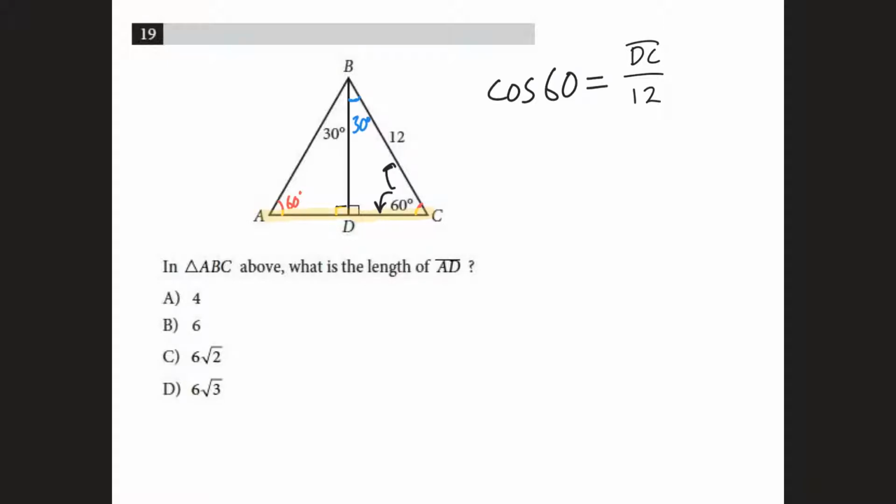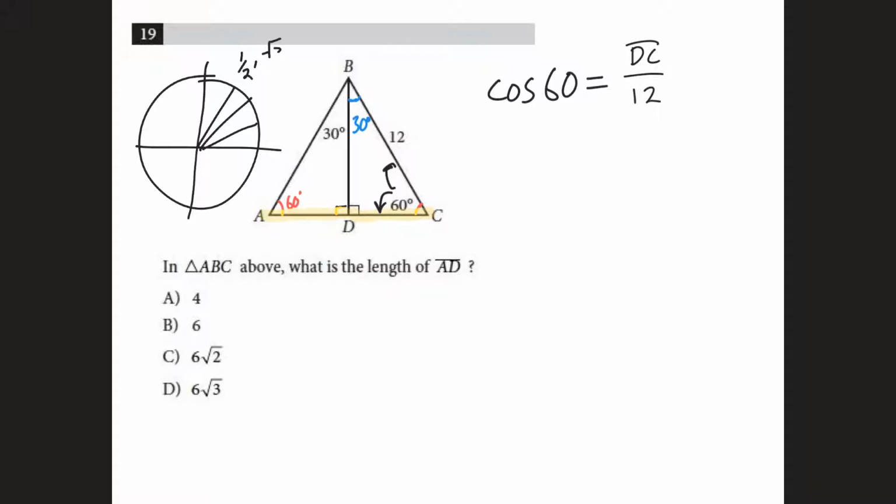Well, if you remember from your unit circle, cosine of 60 degrees is going to be the x value at the circumference. So the x value at the circumference is going to be 1/2. So cosine of 60 is 1/2. You could plug that into your calculator.